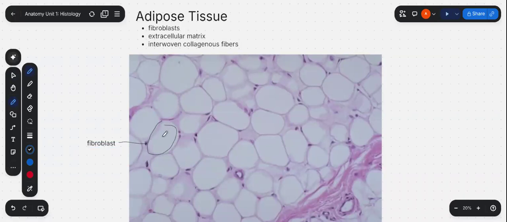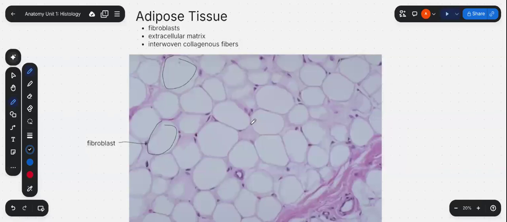So these can get really, really big and inflamed, kind of like the more fat that is stored over here, then they just keep swelling and expanding. Now, the extracellular matrix is going to be anywhere where these adipose fat cells are not.